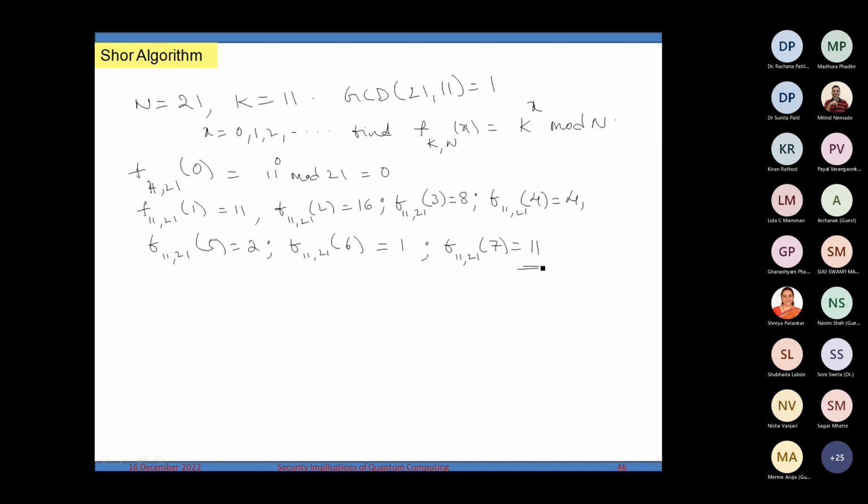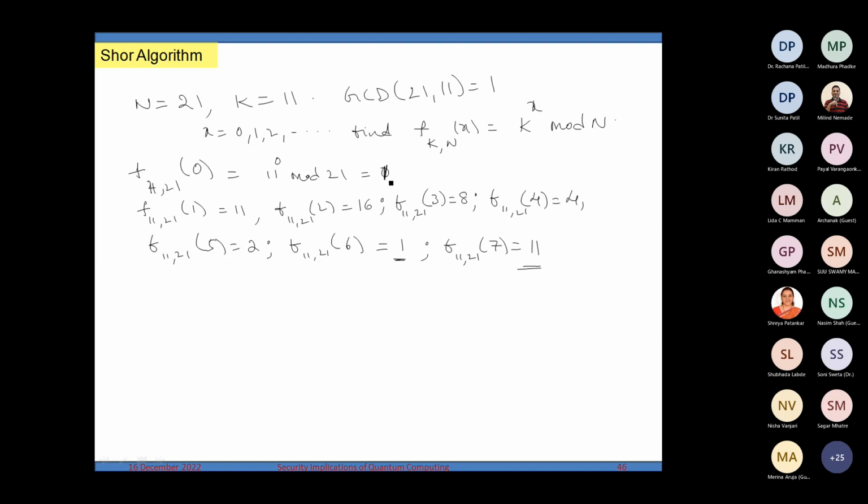So 11 power 0 mod 21 is 1, then 11 power 1 mod 21 is 11. So f of 2 is 16, f of 3 is 8, f of 4 is 4, f of 5 is 2, f of 6 is 1, and f of 7 is 11.